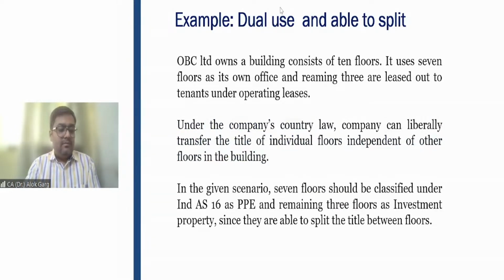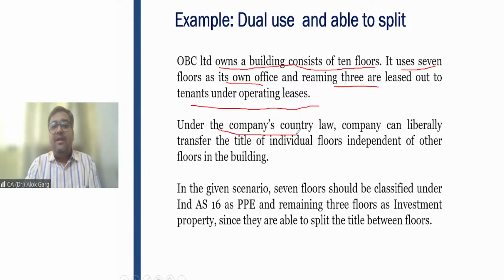Example: OBC Limited owns a building consisting of 10 floors. It uses 7 floors as its own office, and the remaining 3 are leased out to tenants under operating leases. Under the company's country law, the company can freely transfer the title of individual floors independent of other floors in the building.